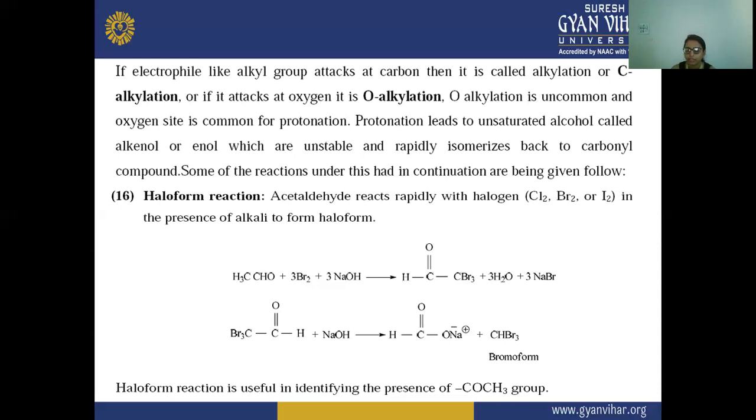After that, this intermediate reacts with the alkali again, and there is a formation of the sodium salt of an acid, and bromoform is formed here. Bromoform is your haloform. Halo means bromo here, which is why it is known as bromoform.